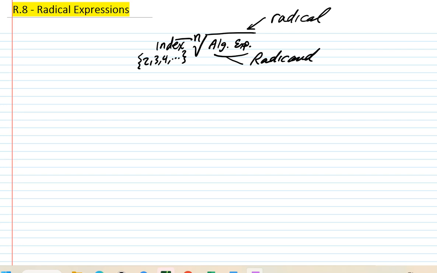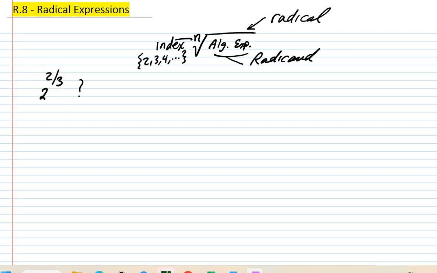So we're going to take a look at these radical expressions now. Previously, we used rational exponents to express roots, right? So, for example, if I have something like 2 to the 2/3, the question is, how can I rewrite this rational exponent? Remember, rational means fractional exponent.